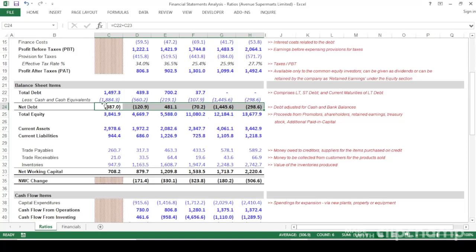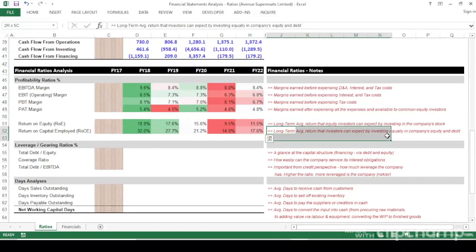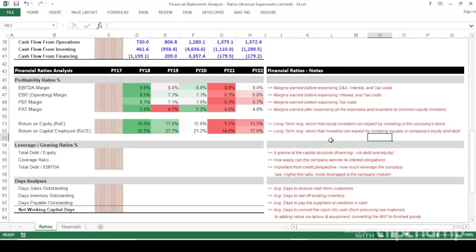So if I say net debt plus equity, this value has also been rising because of the declining debt balances, and hence the denominator value kept on increasing, which led to an overall decrease in the return on capital employed. So now return on capital employed is going to be the long-term average return that the investors across all the instruments of the company can expect by investing equally across all the instruments.